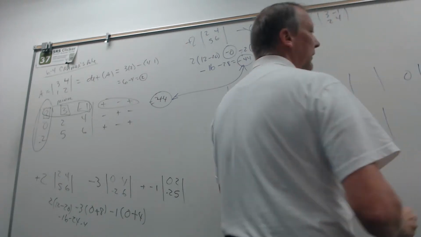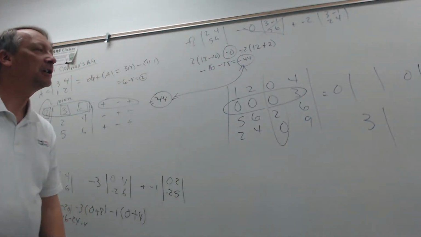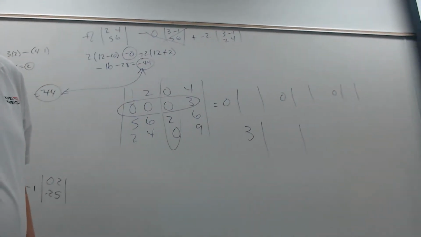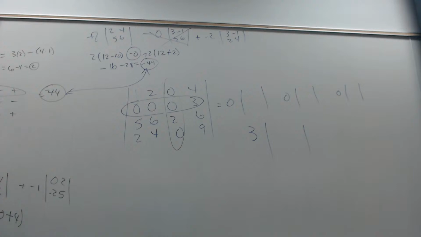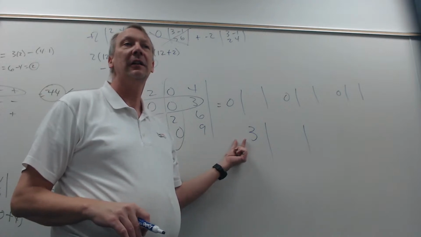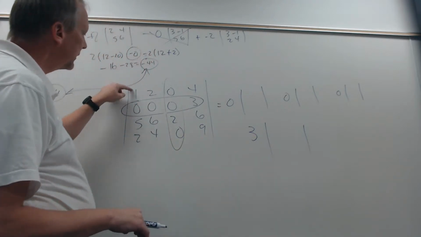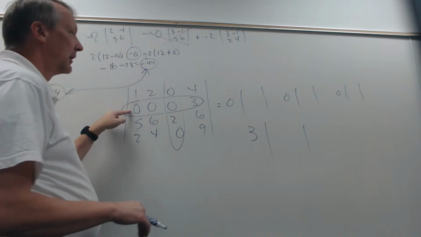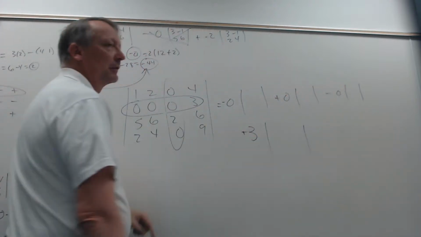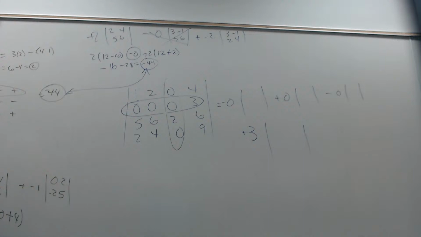I still need to get the signs right because I don't know if this is going to be a positive 3 or a negative 3. So how do I decide? The signs alternate: minus, plus, minus, plus. Does that make sense?